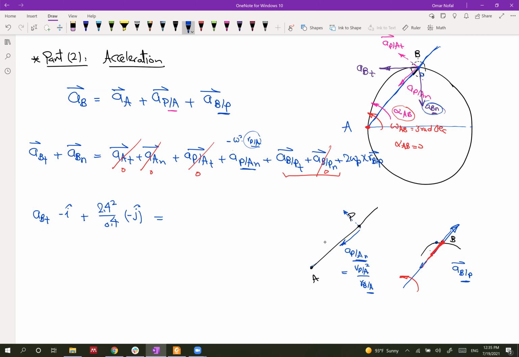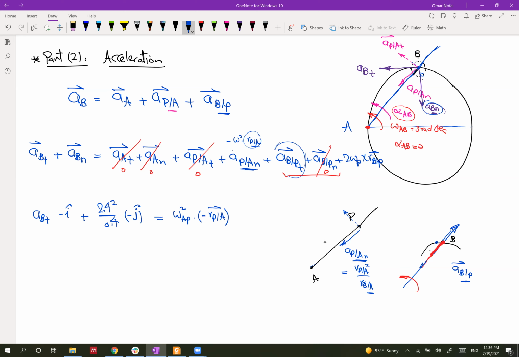So let's put it as negative omega squared of AB multiplied by negative RB with respect to A. This is this term.